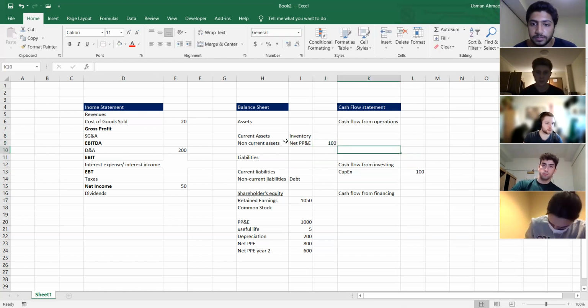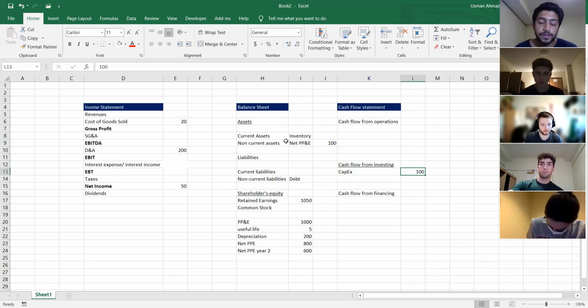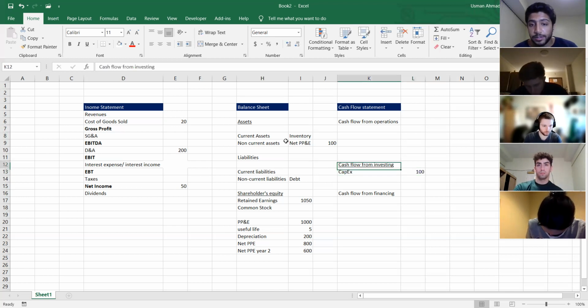Can you repeat that? Yeah. The first link is that the capex from the cash flow from investing goes into the PP&E in non-current assets on the balance sheet. So if you spend $100 on purchasing some machinery or some factory, any physical capital, that expenditure is recognized here, and the asset that you acquire, the machinery or the factory, is recognized here.